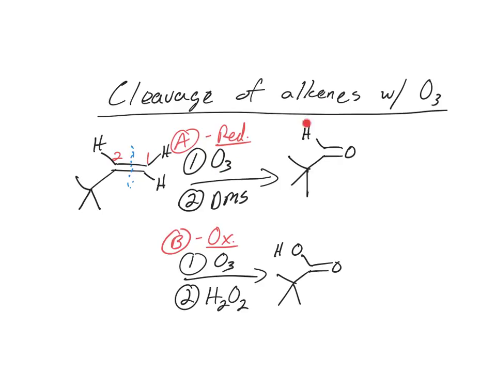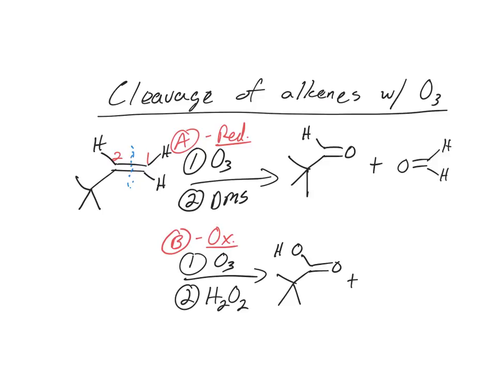Reductive workup is the easy one. All you do is cut it, and nothing changes. There's H's, they stay the same. There's carbons, they stay the same. If you see hydrogen peroxide, that oxidative version, then you need to change these H's into an OH. That's all. So the other one here is just going to be an aldehyde.